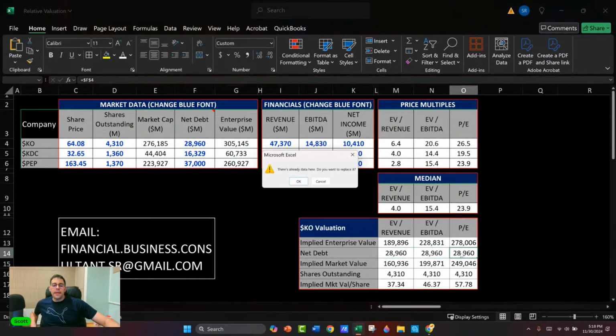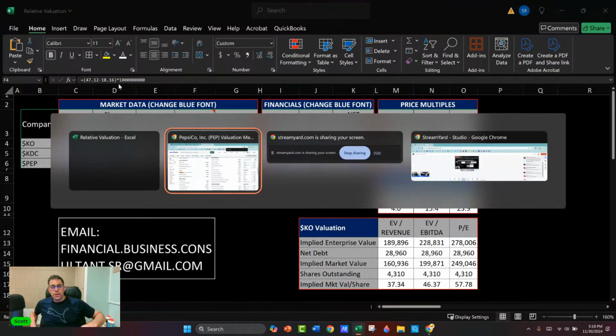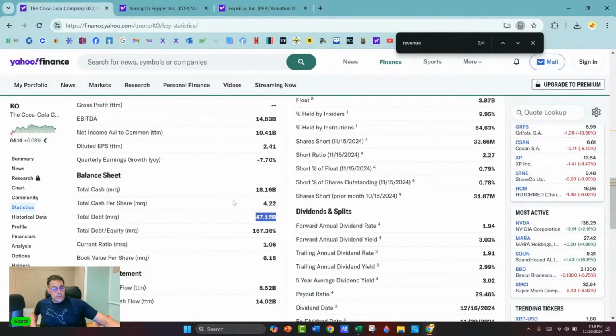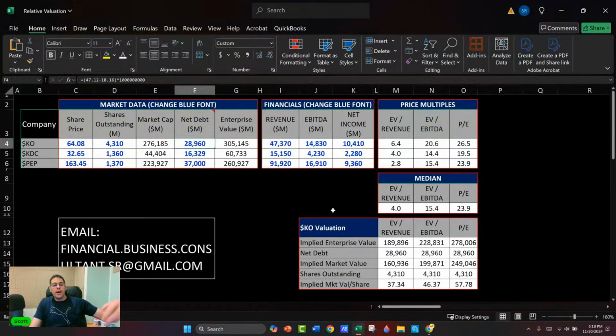And then you minus in that debt because they have 47 billion of debt, 18 billion of cash. So you're assuming they would use all the cash to pay down the debt, and then the remaining debt is 29 billion. So that's why you minus it from the implied enterprise value.